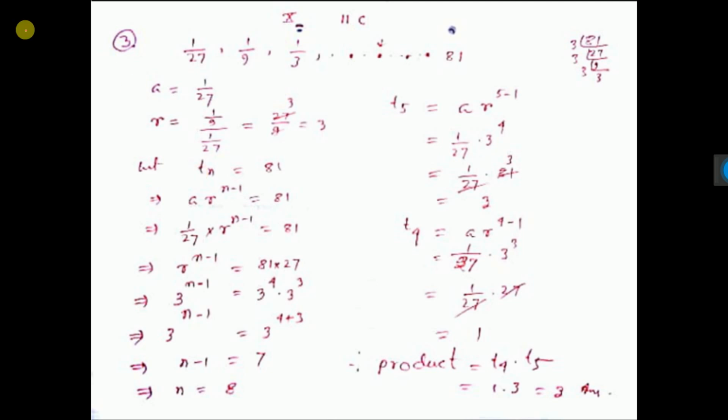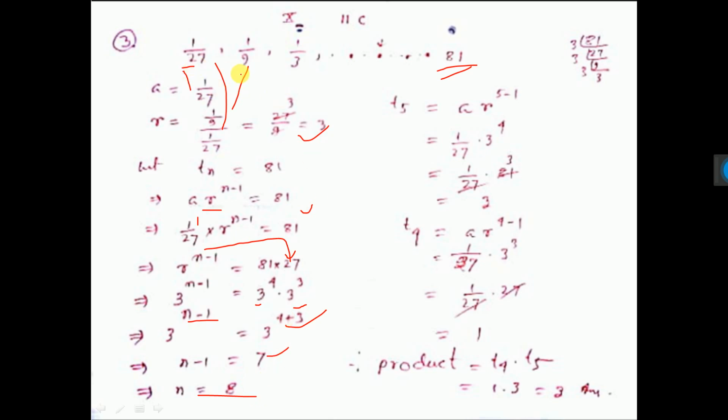In the same way, A is this, R equals second by first, this. Now the nth term you consider 81, that is A into R to the power n minus 1 equals 81. Put the value of A, 27 will go to that side. This is 3 to the power 4, this is 3 to the power 3. So 4 plus 3 is 7. That is why n minus 1 equals 7, n equals 8.